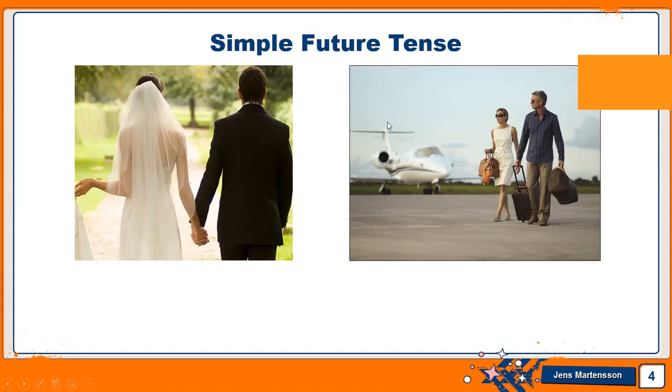Aulia Rahman? Can you hear me, Aulia Rahman? Aulia, are you there? No, you're not there. Muhammad who? Is only Muhammad here? Muhammad, can you give me an example of simple future tense?